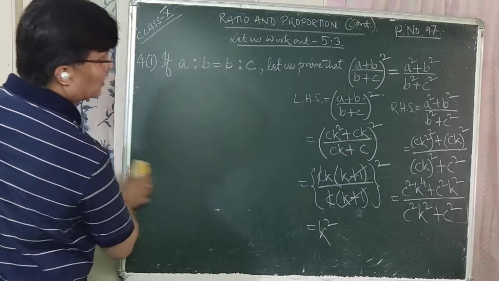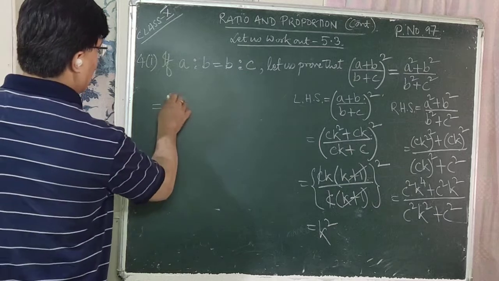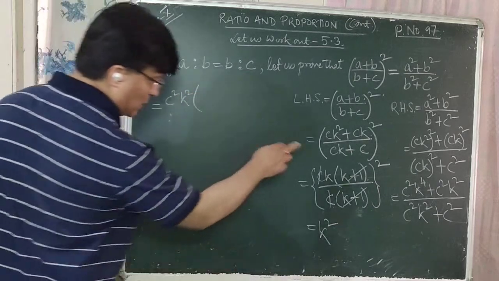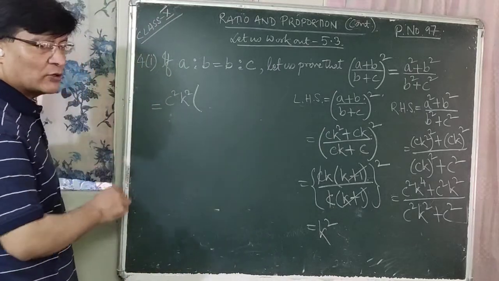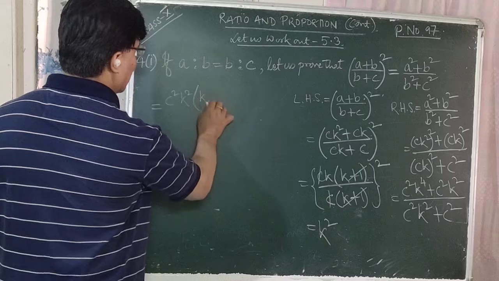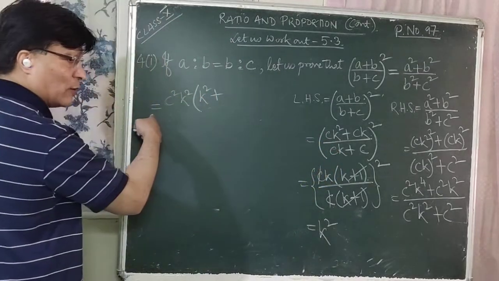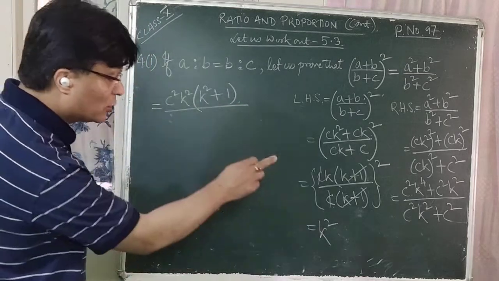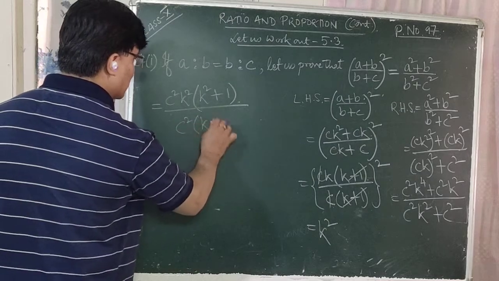In the numerator you can take common. What is common in the numerator? It is C square K square, right? So within bracket, from C square K to the power 4, C square K square is taken common, so within bracket we have K square, plus, again C square K square is taken common, so it is 1 only, whole divided by, in the denominator also what is common? It is only C square. So within bracket what do we get?